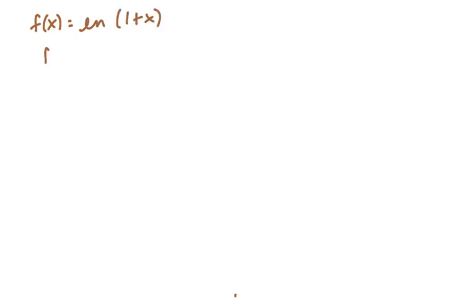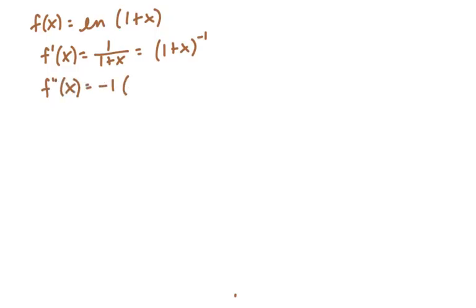So the first derivative, remember that if we're going to do a Taylor-Maclaurin series, we're doing Maclaurin, then our first job is to take the derivative. So that would be 1 over 1 plus x. So let's call that 1 plus x to the negative 1. And then the second derivative would be negative 1 plus x to the negative 2. And the third derivative would be negative 2 times negative 1, which is 2, times 1 plus x to the minus 3.